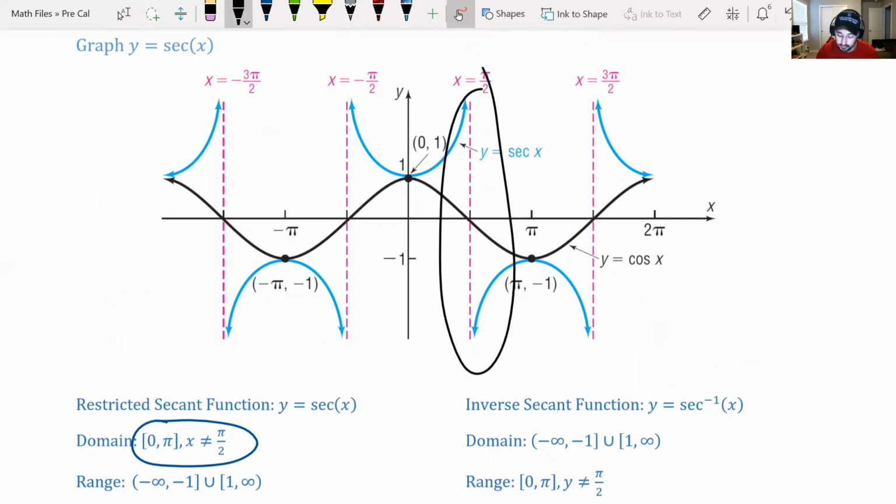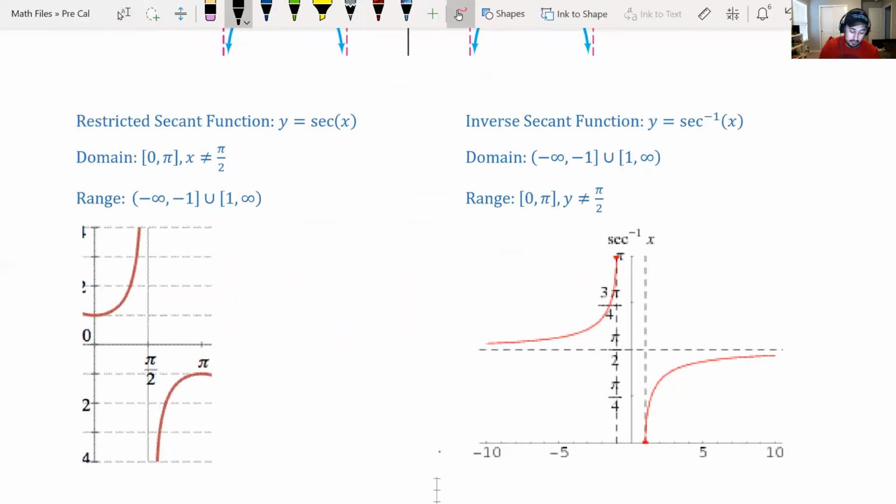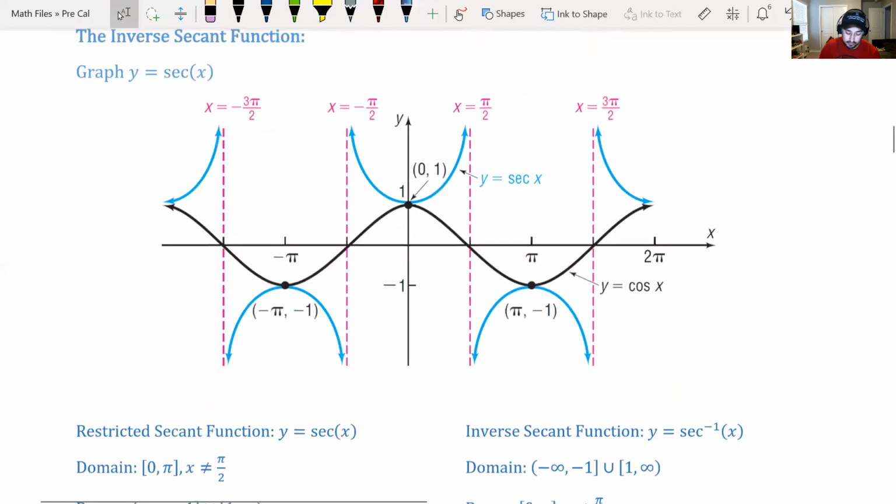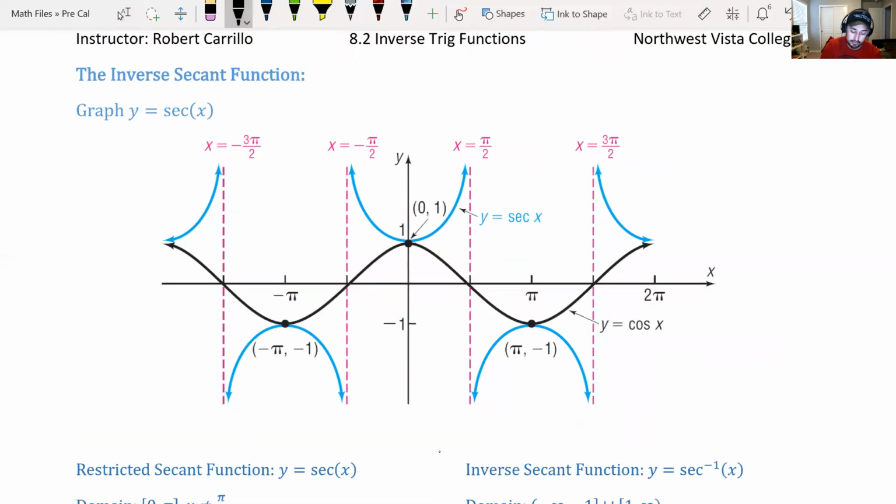Whoops, I cut that off early. Okay, my bad. I said 0 to pi over 2. Your restriction should have been 0 to pi. There you go. I mean, 0 to pi over 2 would have worked, but the most common restrictions are 0 to pi. Those are what's written below. So that's my bad.